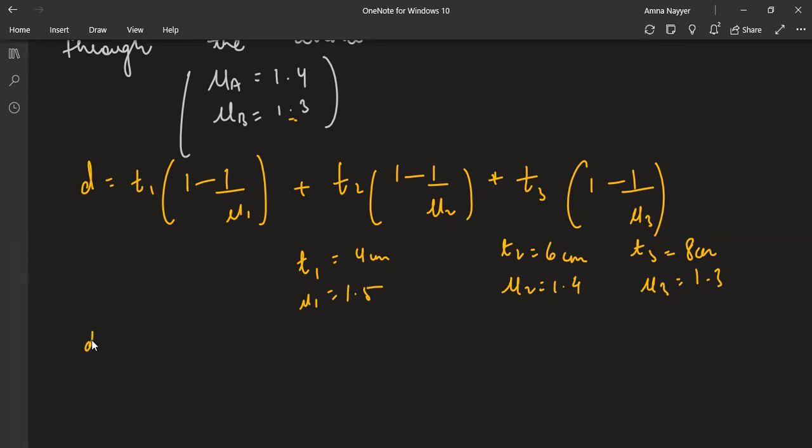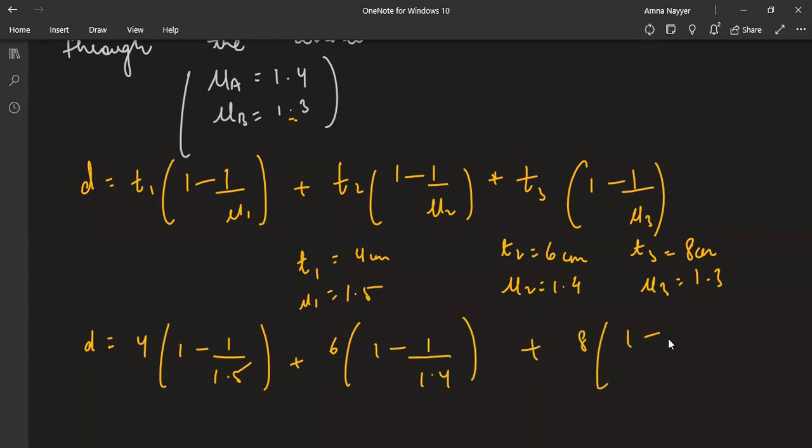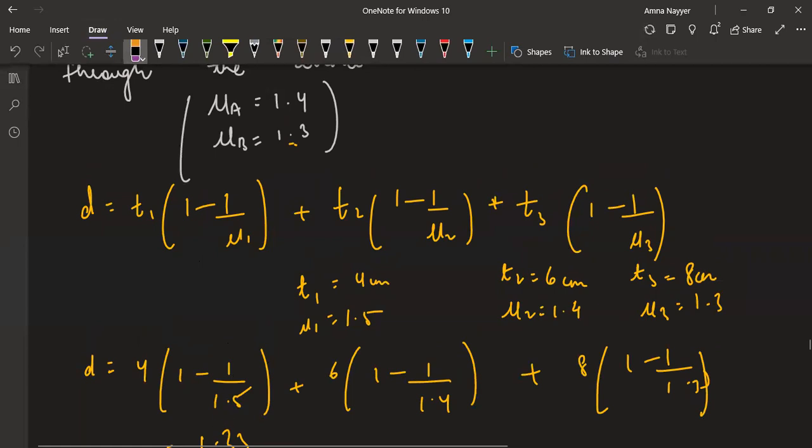So if you put it in the formula, this will be 4 into 1 minus 1 by 1.5, plus 6 into 1 minus 1 by 1.4, plus 8 into 1 minus 1 by 1.3. So see what's the answer coming. Just calculate this part by yourself.